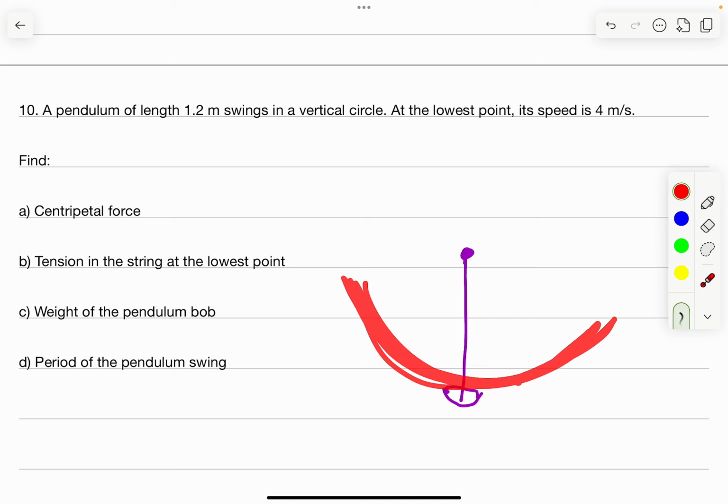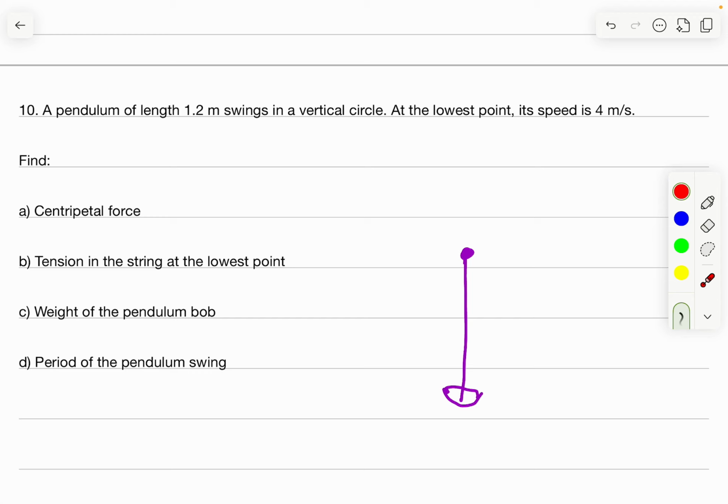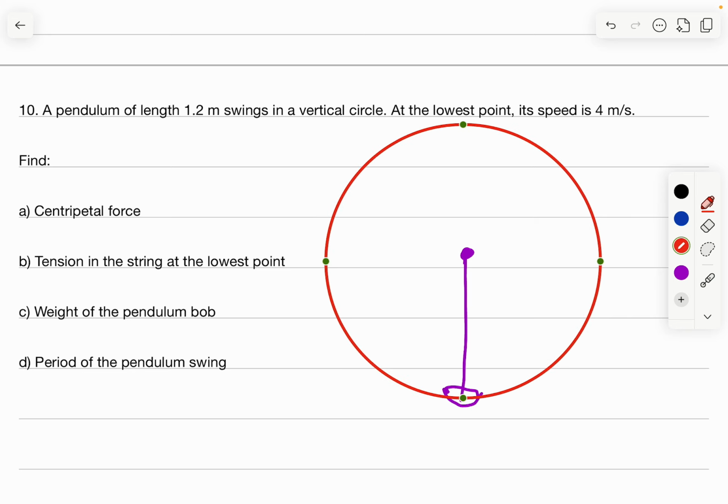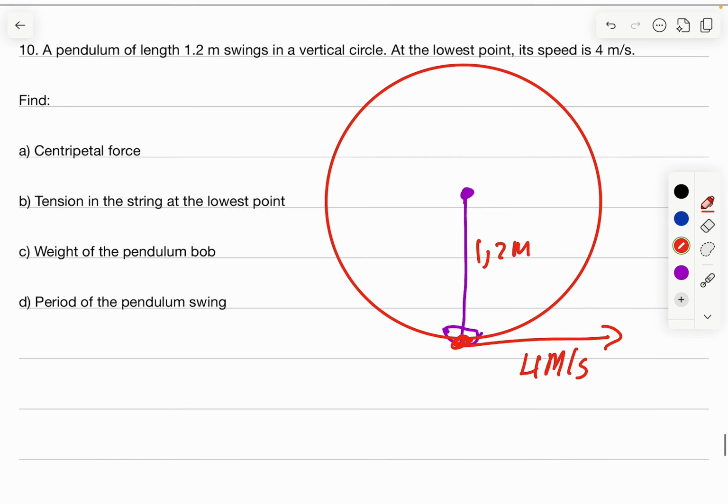That's how a pendulum works. They say a pendulum swings, its length is 1.2, in a vertical circle. At its lowest point here, its speed is 4 meters per second. Find the centripetal force.